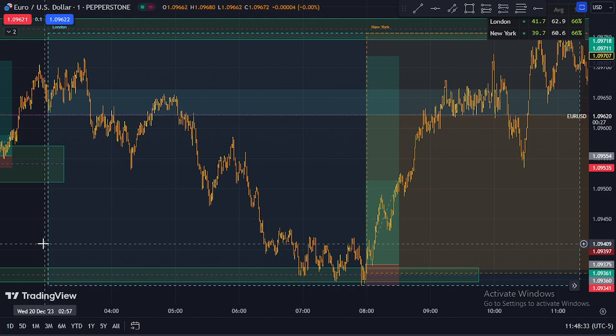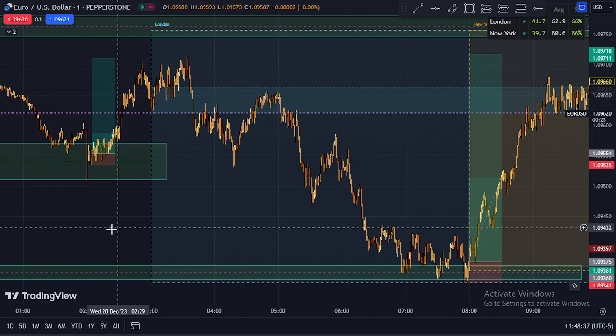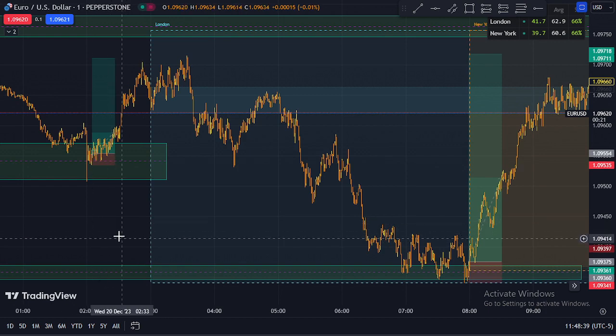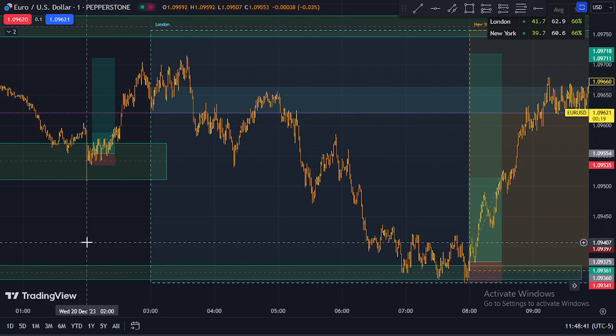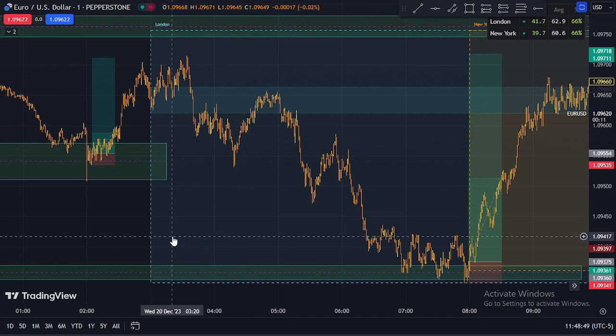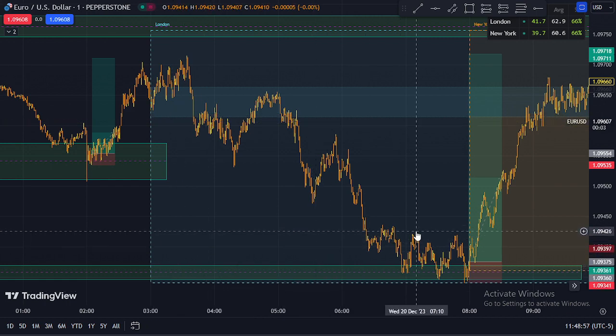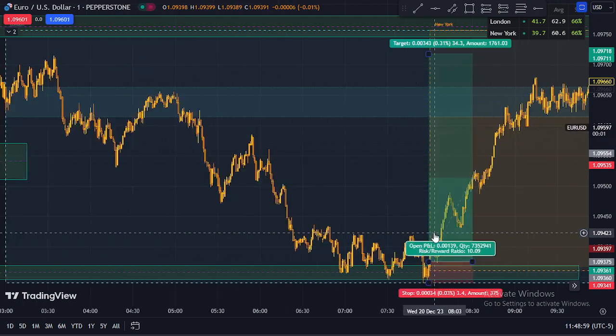Whenever it's time to execute, make sure that you execute within the silver bullet window of time. So that was it. It was quite a fruitful day, being very close to the holidays, but price has done a good move.